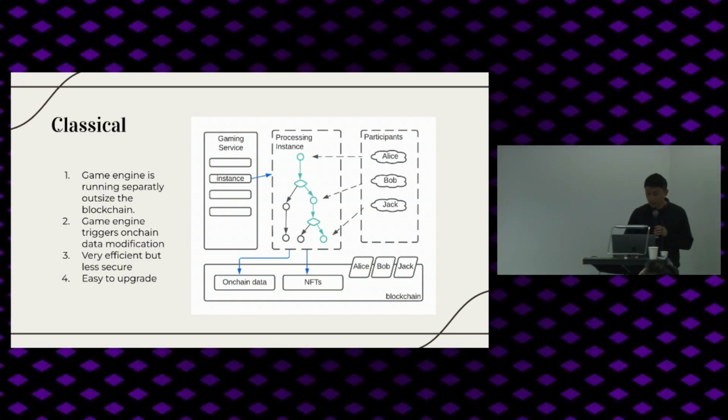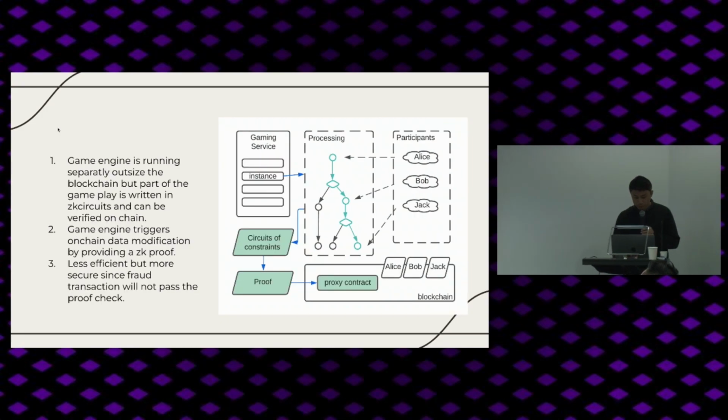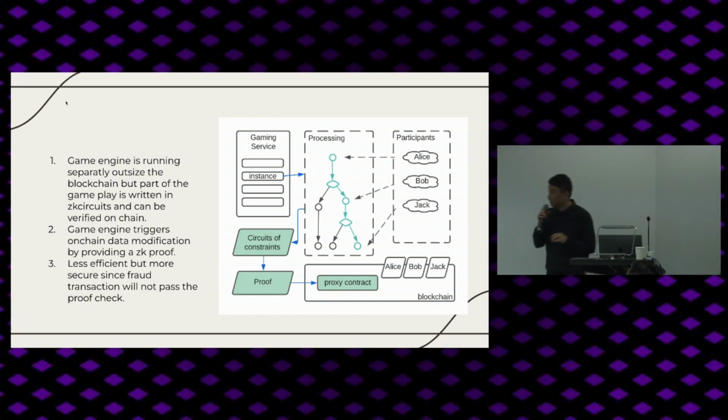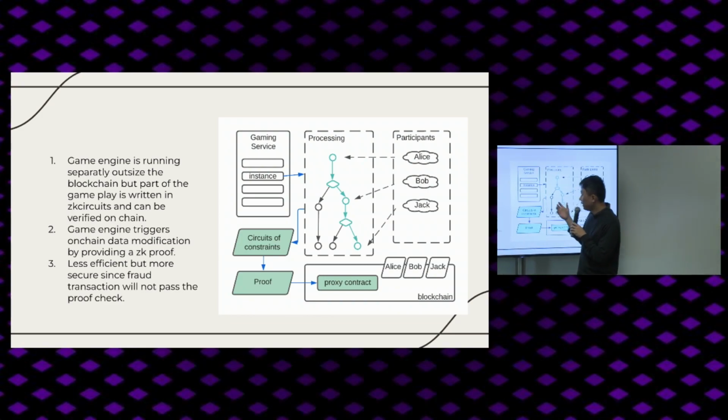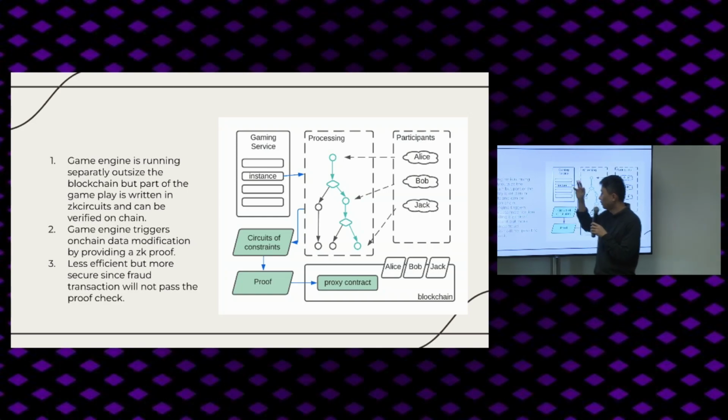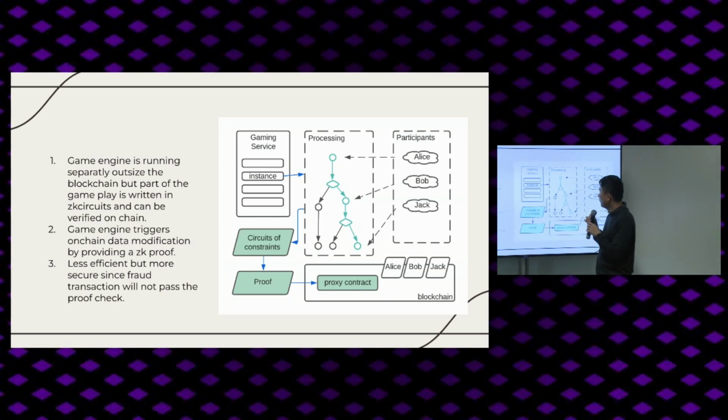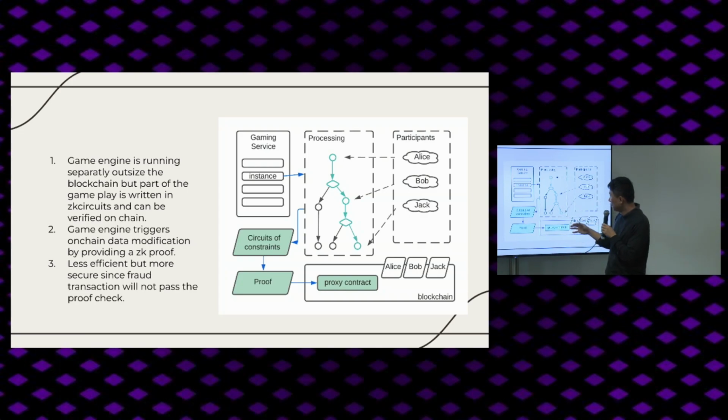Okay. And now, there's an animation coming very soon, but it's a little bit delayed. Here we still have the same thing as before, but to secure the logic of the gameplay outside of the blockchain, people can encode some of the logic into ZK circuits.